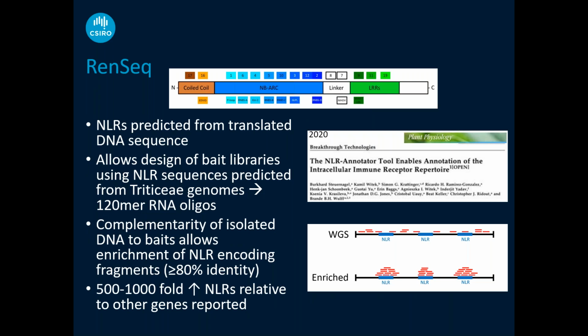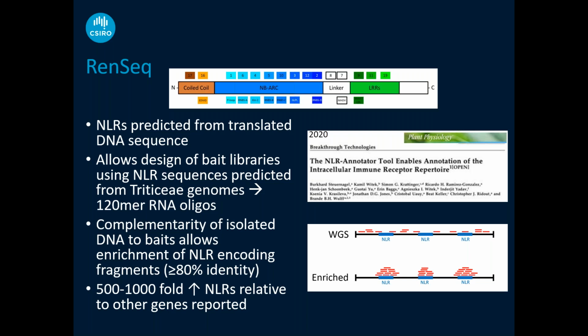So the beauty of NLRs is that they can be easily predicted from translated DNA sequence, and this has allowed design of bait libraries using NLR sequences predicted from a range of Triticeae genomes that have been sequenced and assembled to create these 120 base pair RNA baits.